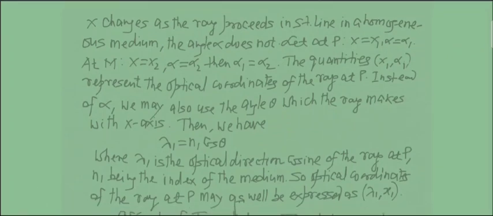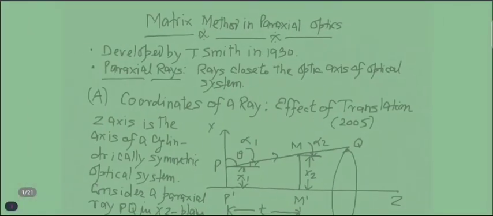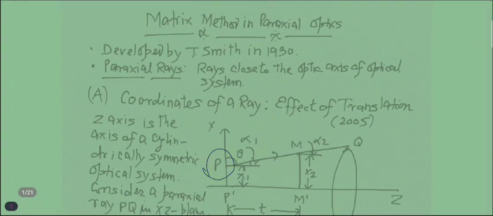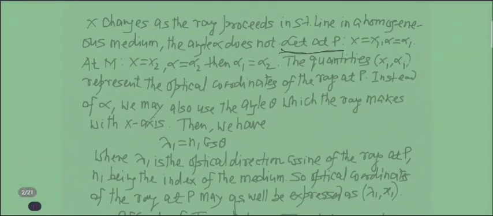So as the ray proceeds in a straight line in a homogeneous medium, the angle alpha does not change. This is your point P. Let at P, x equal to x1, alpha equal to alpha 1.